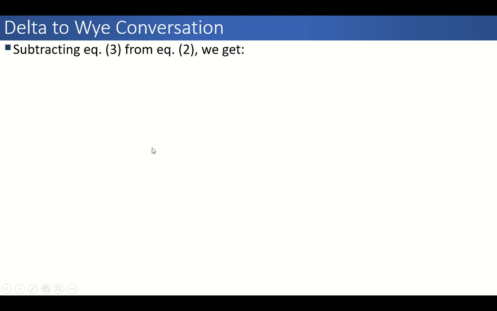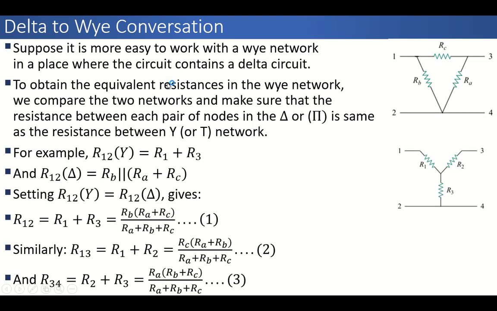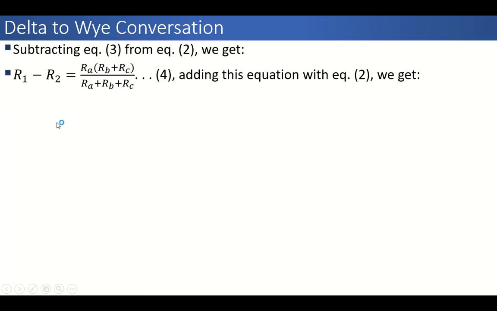So subtracting equation 3 from 2, we get, obviously the next is very simple algebra. If we subtract equation number 3 from equation number 2, that is if we subtract this equation from this equation, we can see that the factor of R2 will be cancelled, remaining will be R1 minus R3.